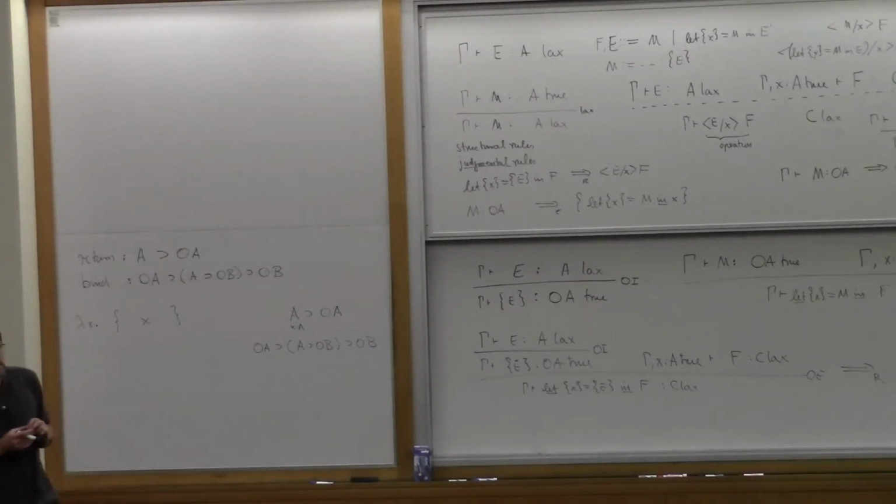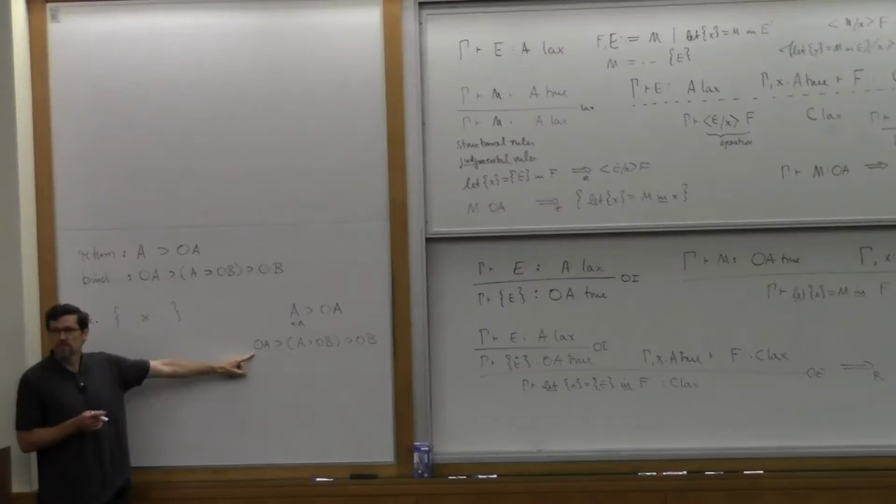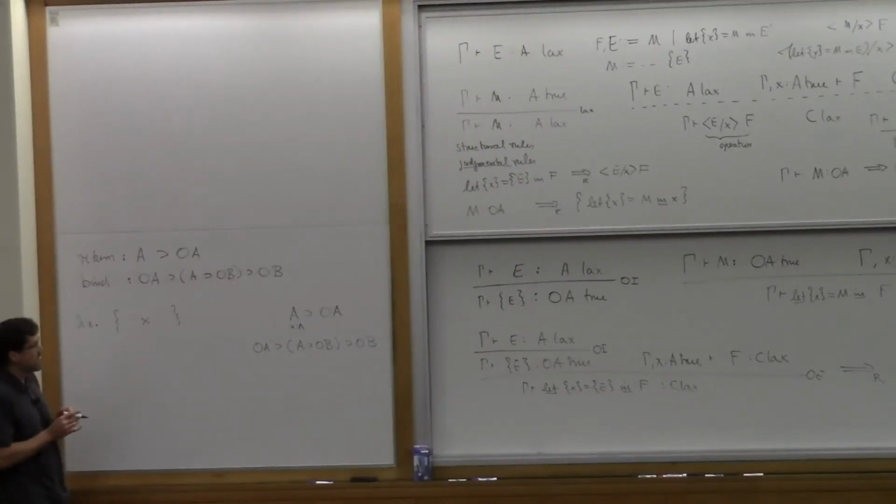Okay, so in order to prove this, how do we proceed? Well, we start with a lambda x, and x has type circle A, right? What's the next thing we take?